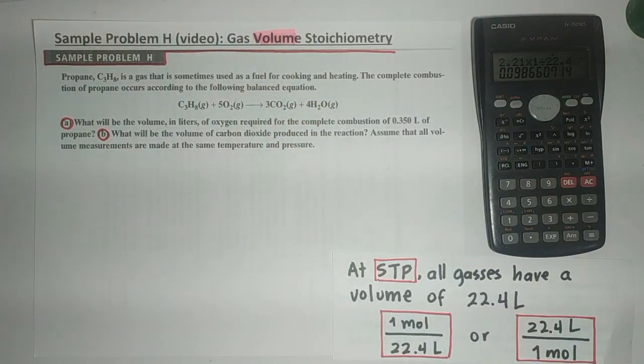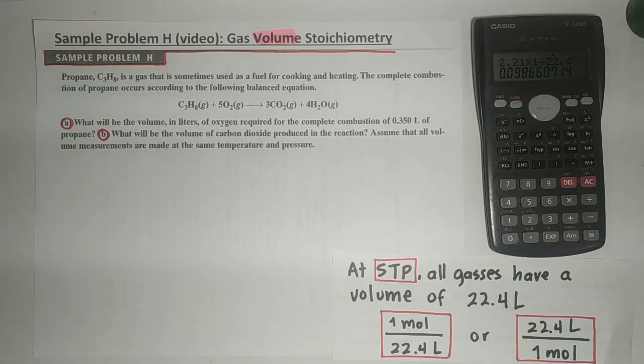Now, what happens in this problem? Propane is a gas that is sometimes used as a fuel for cooking and heating. The complete combustion of propane occurs according to the following balanced equation. It's already balanced, we don't need to do any balancing at all.